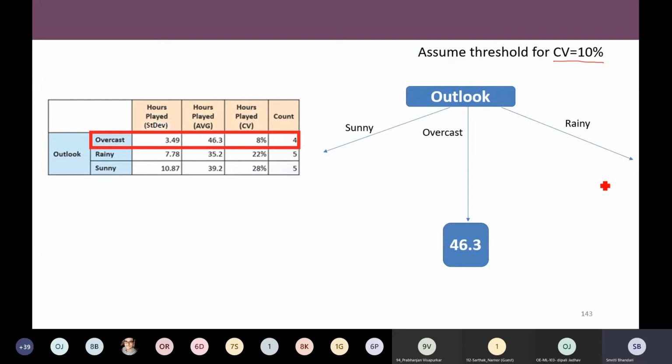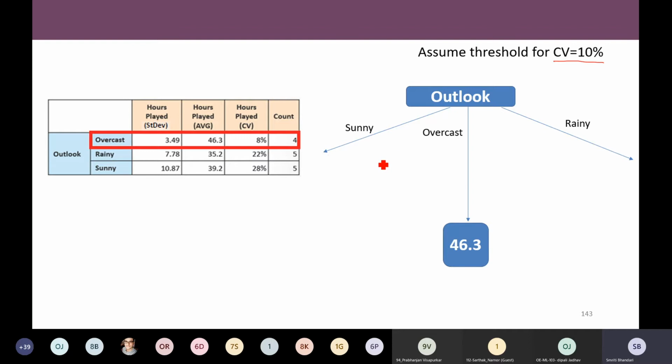To expand these branches further, once again we will follow the same algorithm, the same steps. At this branch we have a subset of the original data set. At this branch also we have a subset of the original data set.